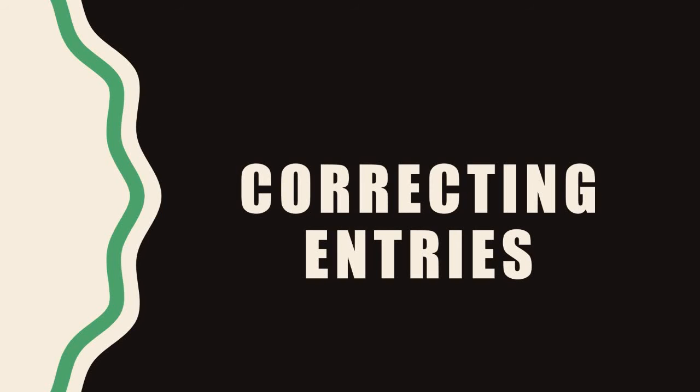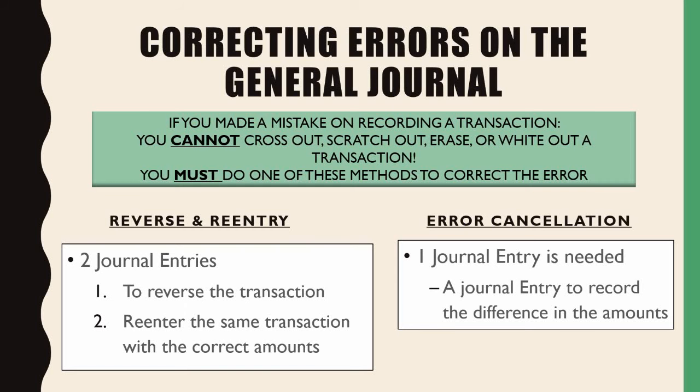So let's talk about correcting entries. In this case, what happens when we have errors or we accidentally put something in the journal by mistake? Now, unfortunately, with the rules of GAAP and being governed by your federal, local, and state governments, if you're doing manual bookkeeping, it is illegal.